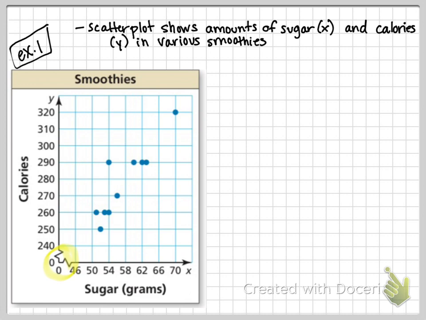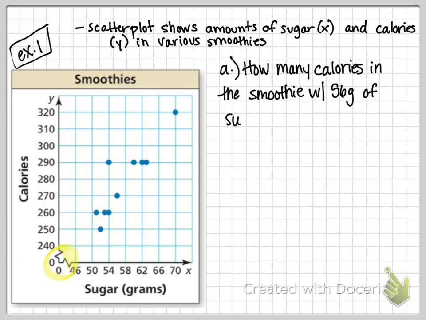All right, so you can imagine that they maybe sampled smoothies from a lot of different locations and graphed the amount of sugar that each smoothie had and the corresponding amount of calories in that smoothie. So here's what it's going to ask, something like letter A. How many calories are in the smoothie with 56 grams of sugar? What you have to do is find that smoothie.